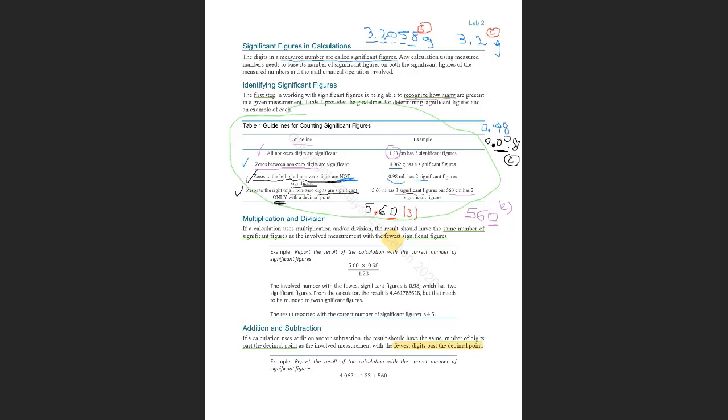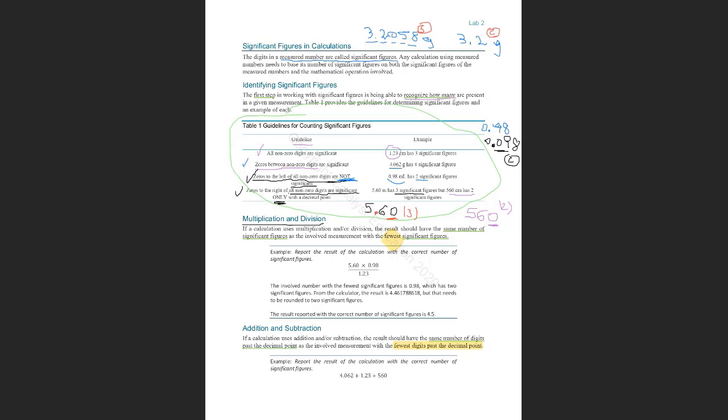When you do a calculation, your calculator will give you a lot of numbers and you will need to decide where to cut it. The first thing you are going to do is look at what kind of calculation you are doing. Multiplication or division is different than addition or subtraction. In our case here, they want to start with multiplication and division.